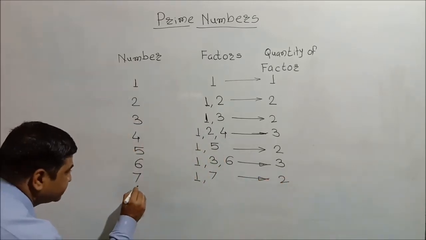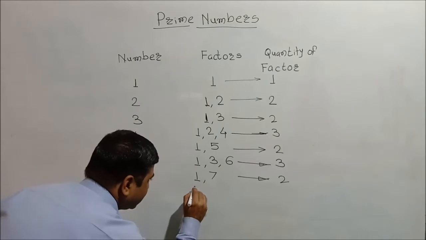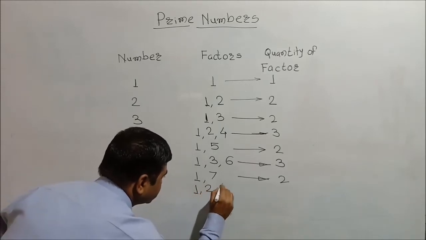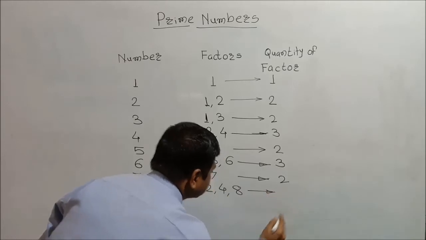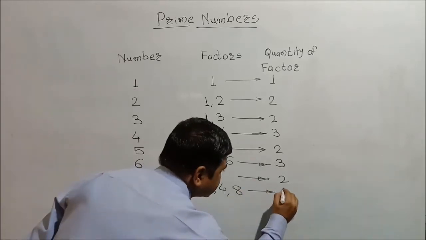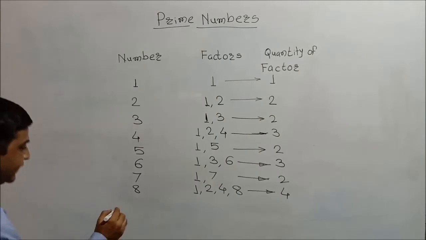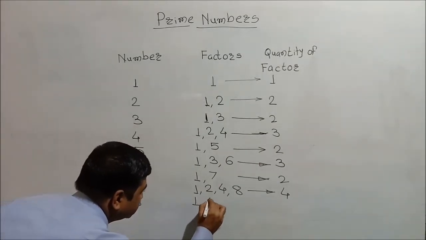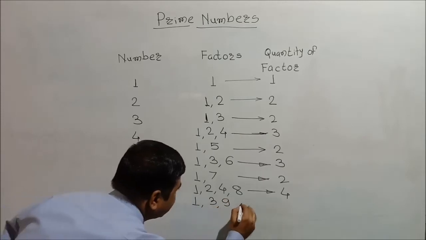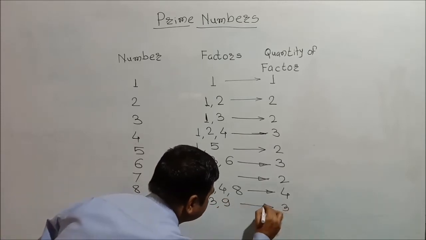What about 8? Well, 8 can be divided by 1, 2, 4, and 8. So in this case we now have 4 factors. 9 can be divided by 1, 3, and 9. The number of factors is 3.